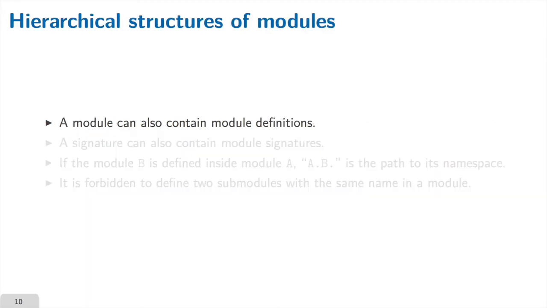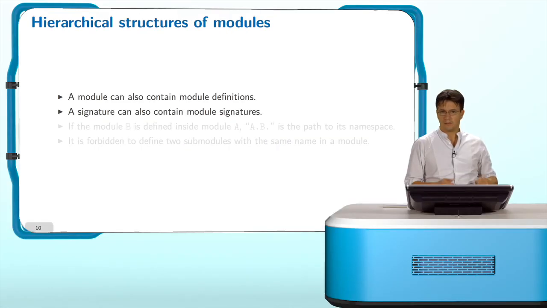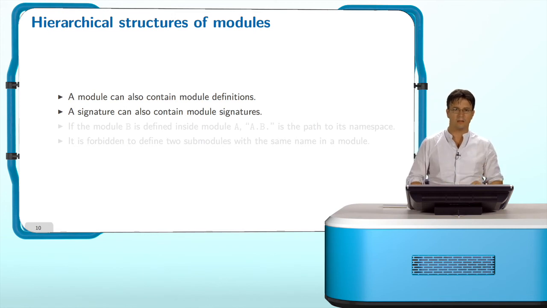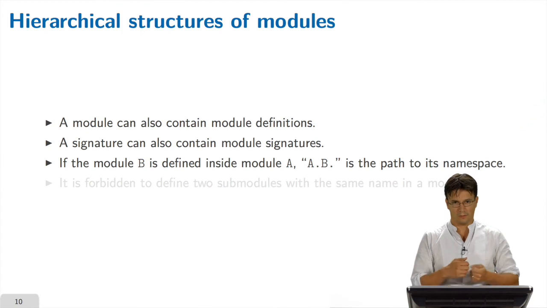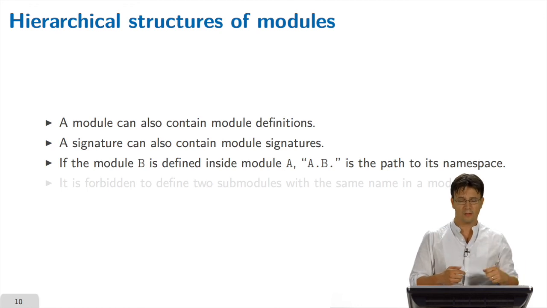A module can, in fact, contain other modules, so that we can create a hierarchy of modules. And similarly, a signature can also contain other module signatures. Now, if you want to refer to a submodule, you just have to use a path.